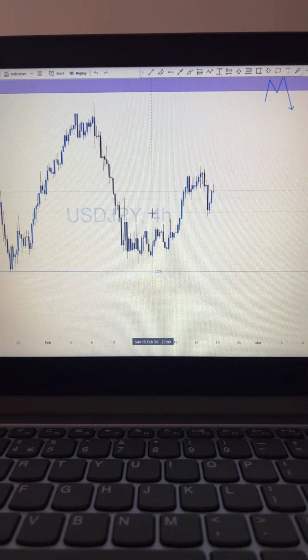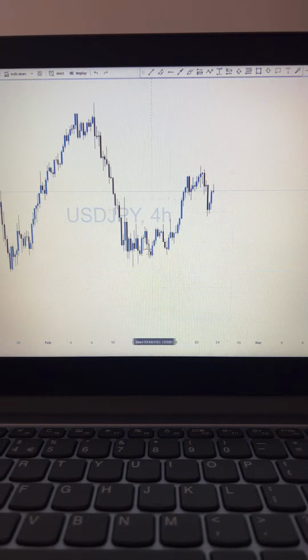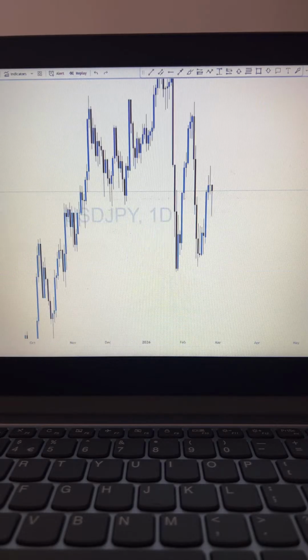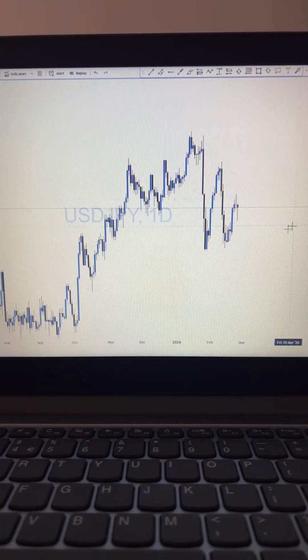Now, this is EUR/JPY. Okay. Remember, I have one rule. Once you come to the chart, check the trend of that currency first. Identify the structure. Are you seeing it?